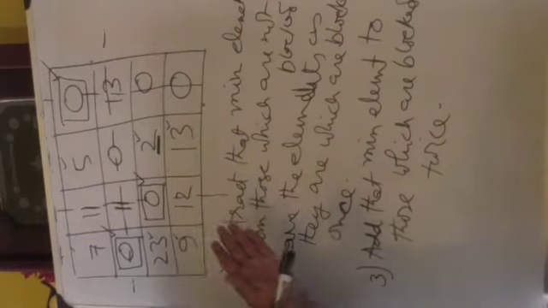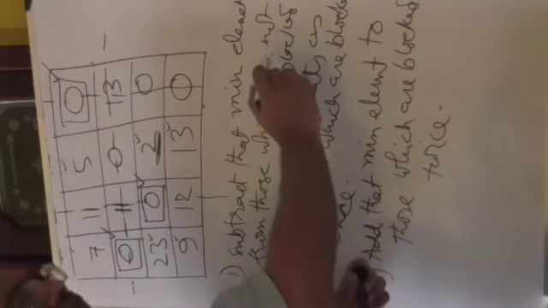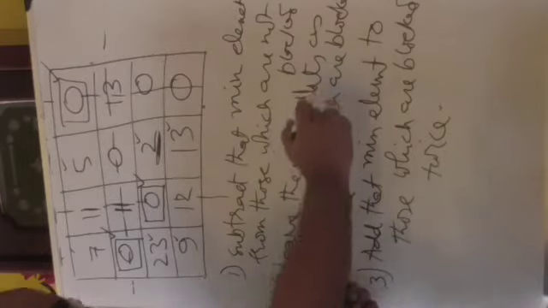So what you have to do, you have to find out the minimum element from the elements which are not blocked. What is the minimum element from the elements which are not blocked? That is 2. And then you have to do these 3 things. So subtract the minimum element from those elements which are not blocked. Number 2 is leave the elements as they are, which are blocked once.